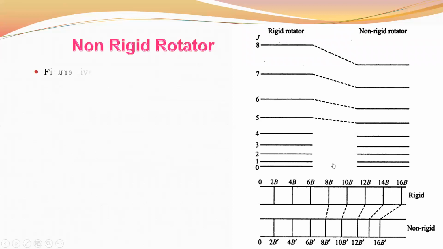When we look at the lower J values, they are approximately the same. When going up, increasing the J value, the position of lines in the case of the non-rigid rotator lowers.